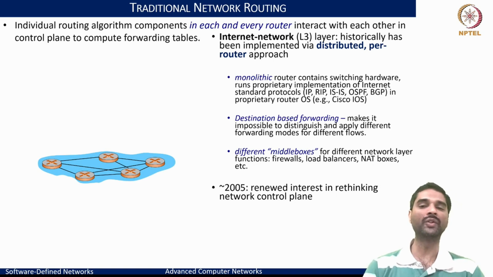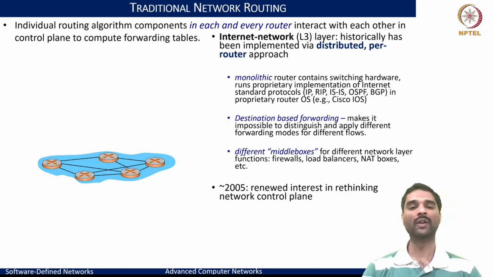This is another challenge when it comes to managing these devices. Second, destination-based forwarding makes it impossible to distinguish and apply different forwarding modes for different flows. So we need to overcome this philosophy of destination-based forwarding with a richer abstraction that allows us to build the right forwarding.